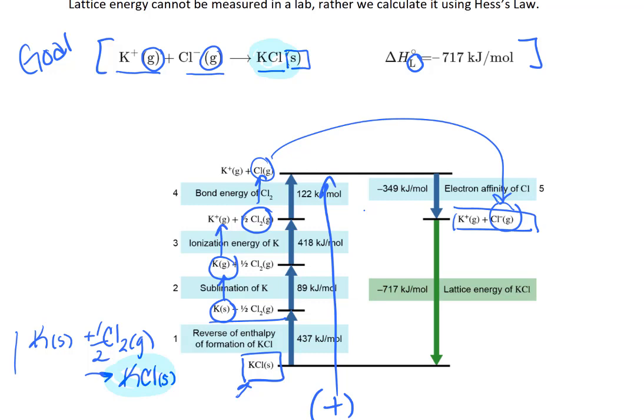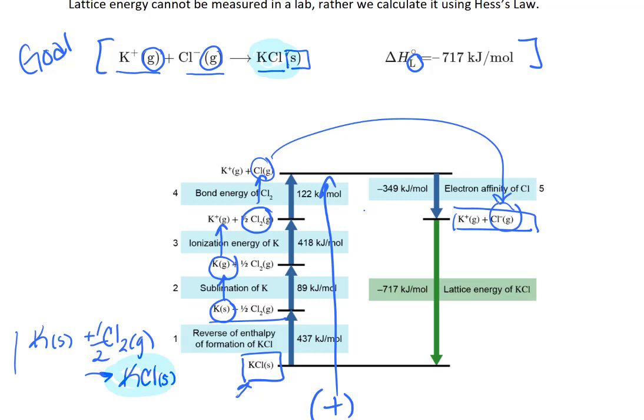Instead of adding energy, this is actually something that's going to want to happen. This is going to result in a release of energy. So we're going to use the electron affinity here for chlorine to turn a plain old Cl in the gaseous phase into a Cl minus in the gaseous phase.